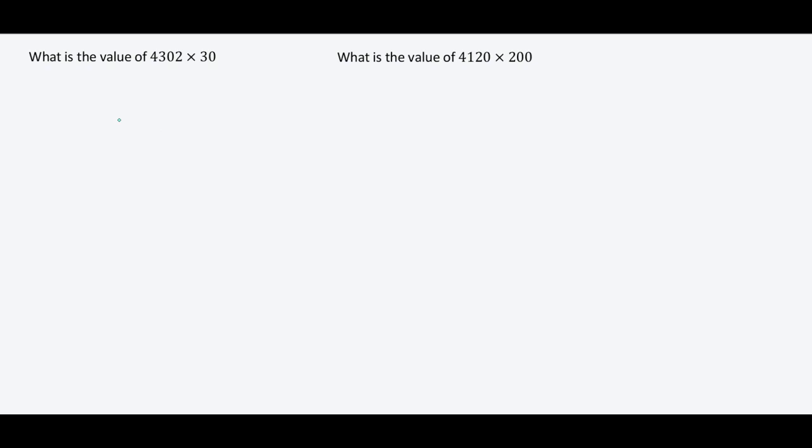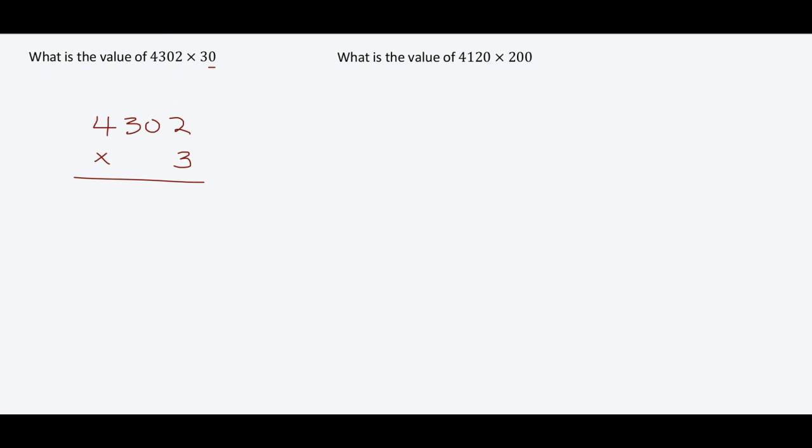Next, we have, what is the value of 4302 multiplied by 30? So we have just 1 zero at the end. So now we have 4302 multiplied by 3. Pay attention to the fact that we are not counting the 0 in the middle of the number. We can only count the 0 at the end of the number.